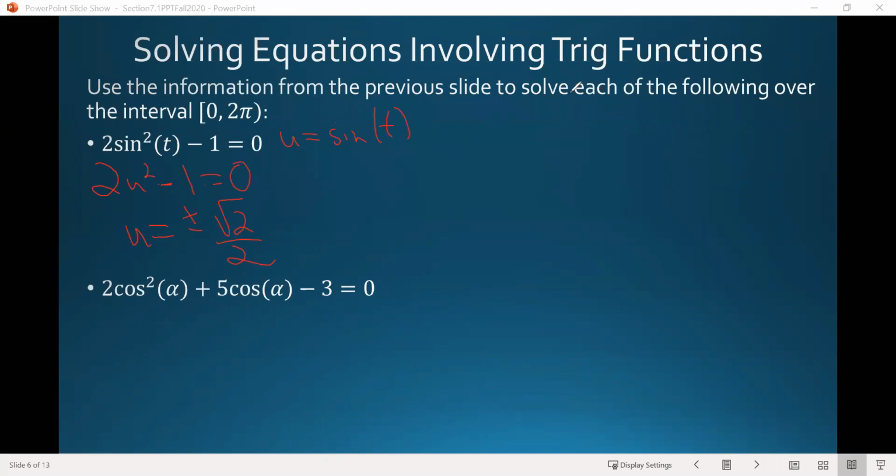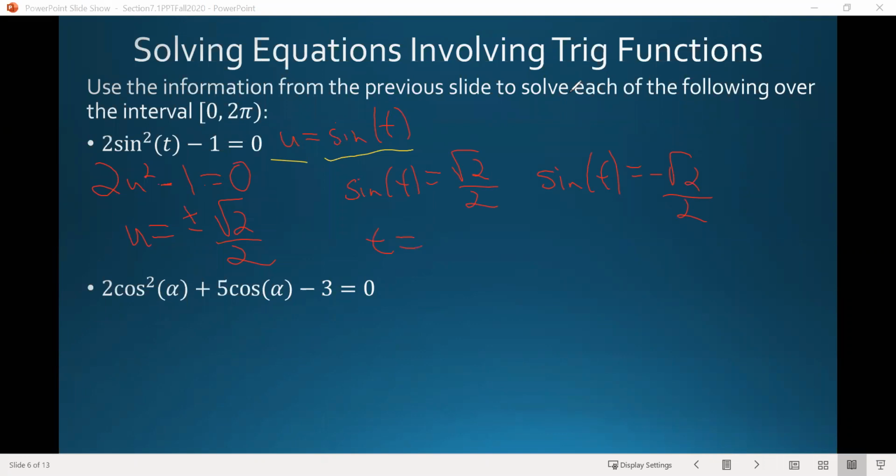And then as before, or the last few ones, we are not trying to solve for u, we're trying to solve for t. We know u equals sine of t, so we can rewrite these as sine of t equals positive root 2 over 2, and sine of t equals negative root 2 over 2.